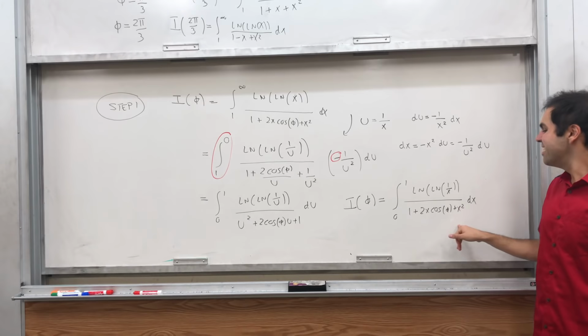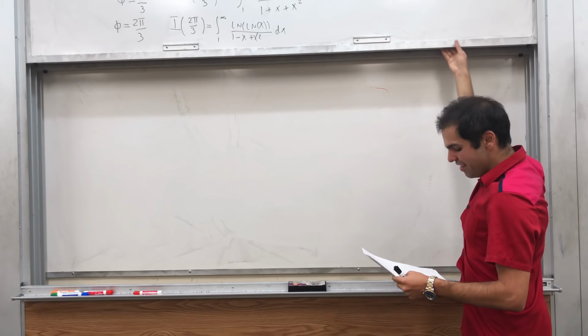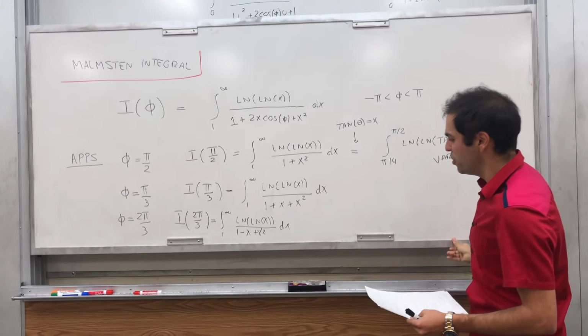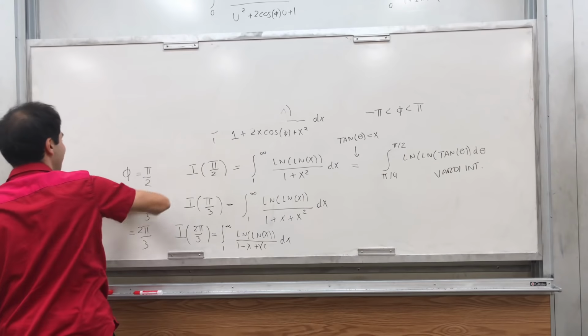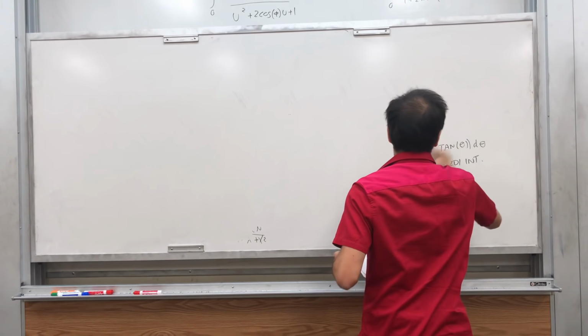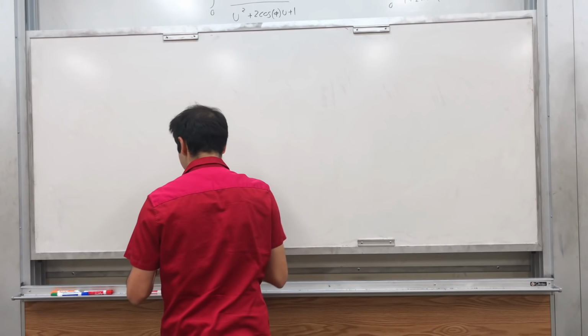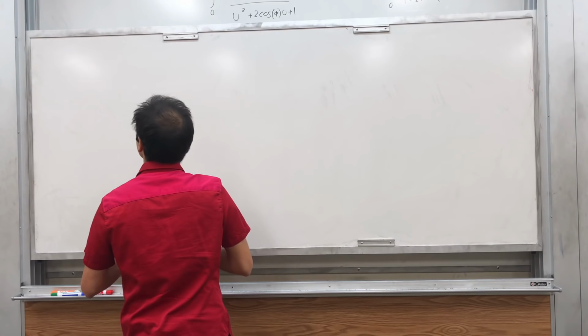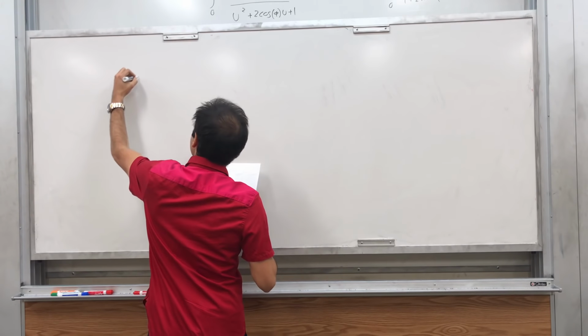So it turns out this real integral becomes something complex, which is very nice. So step 2. Step 2 out of 10.